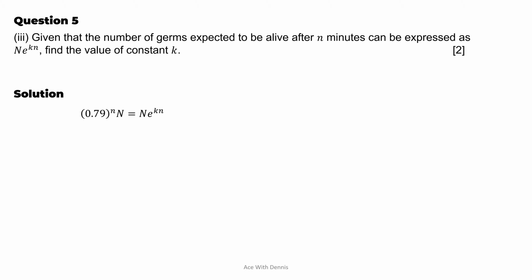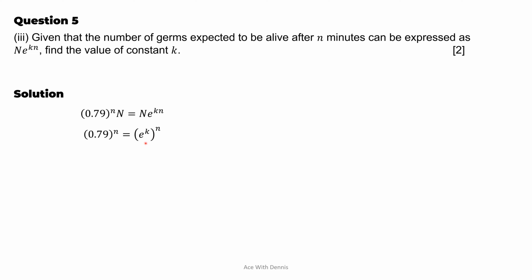We can equate the formula from the previous part: 0.79 to the power n times N equals this expression, N e to the power kn. From here, N can cancel with N, leaving 0.79 to the power n equals e to the power k, all to the power n, where we can leave the bracket outside.